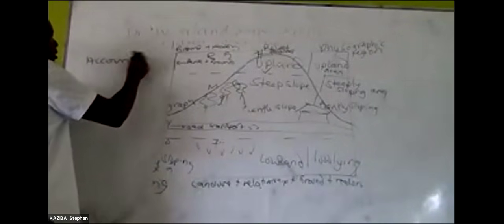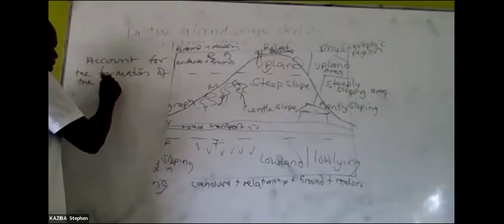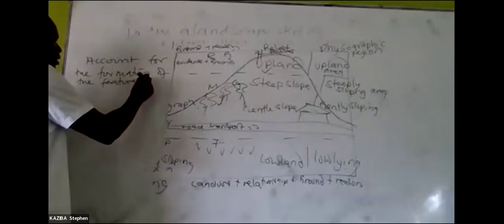Lastly, about photographs, I'm going to talk about the formation. So they can tell you to identify, they can tell you to account for the formation of the feature in the background. So in step 1, you can't talk about something unless you know it.